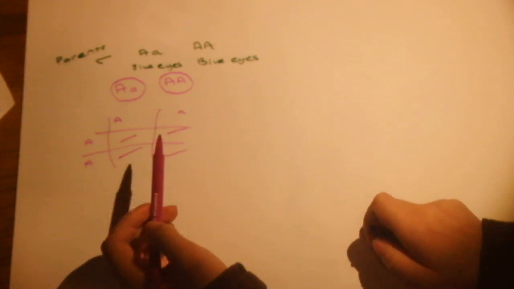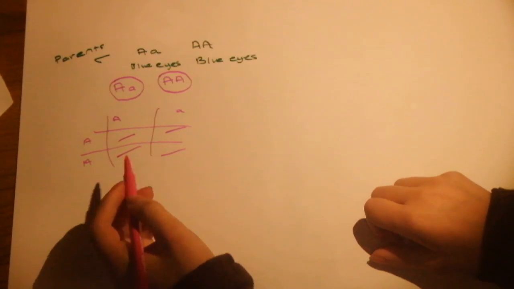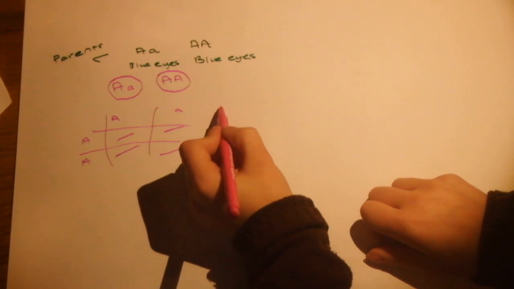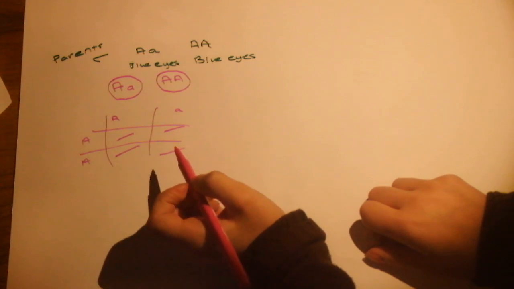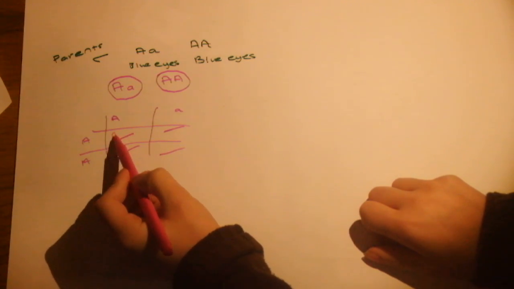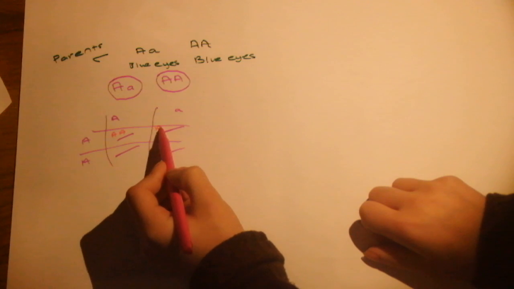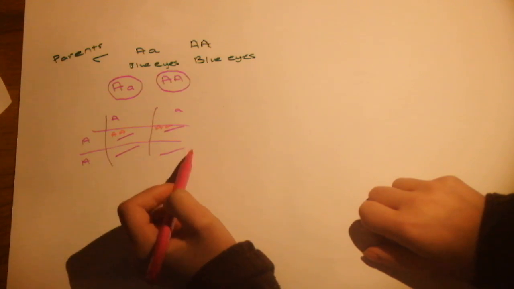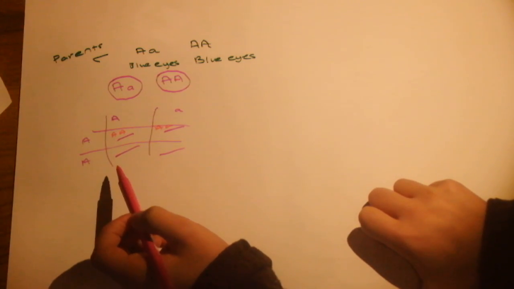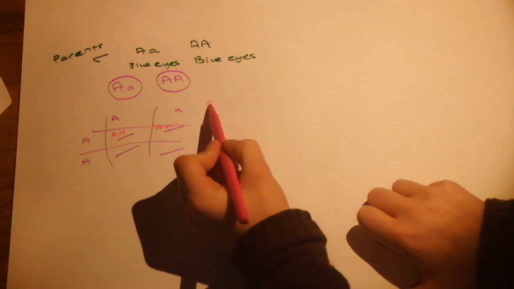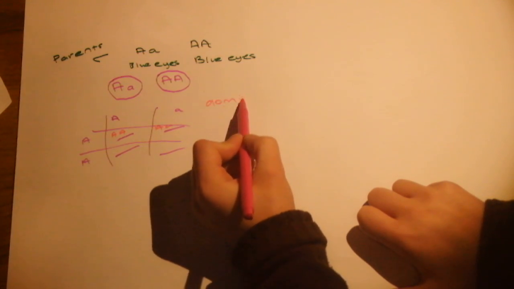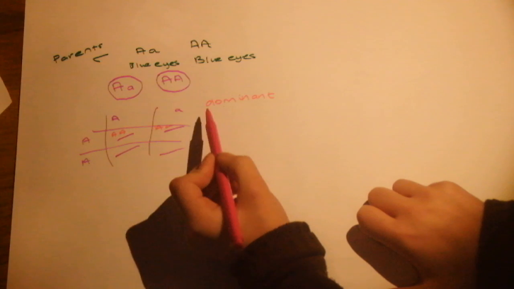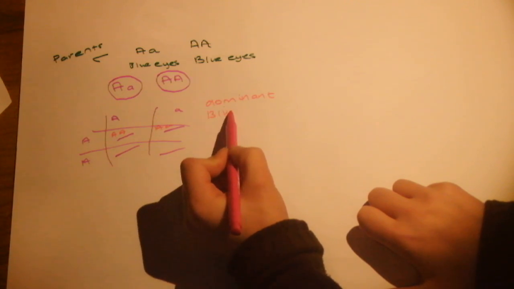Once you've done the Punnett square, you then go on to say the proportion of the genotypes that are produced. So you could say here that this would be big A, big A, big A, little a. So all of these would be dominant, because they all have a big A. So that would mean they all have blue eyes, because blue eyes was dominant.